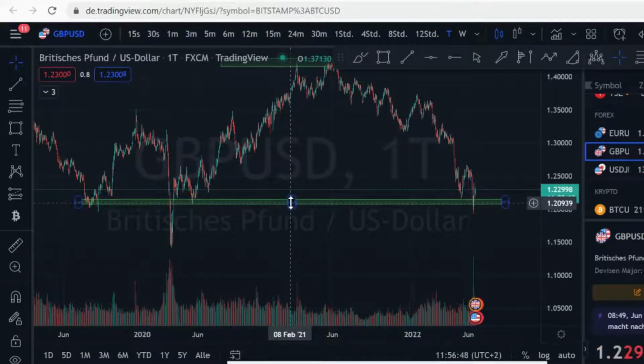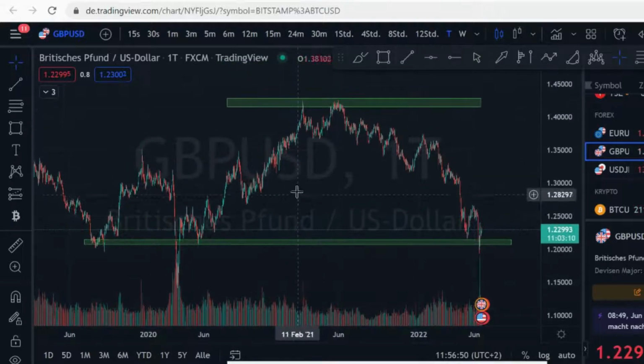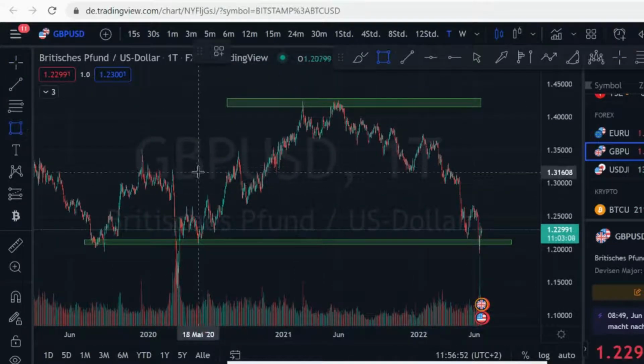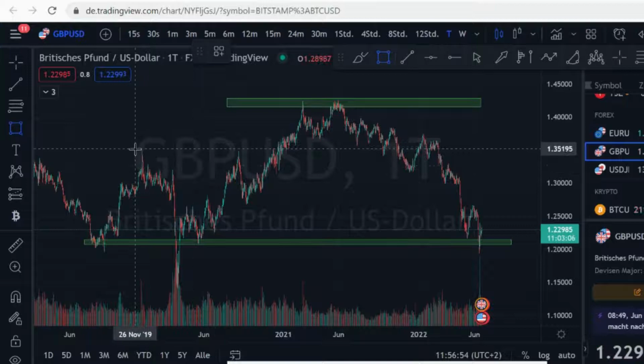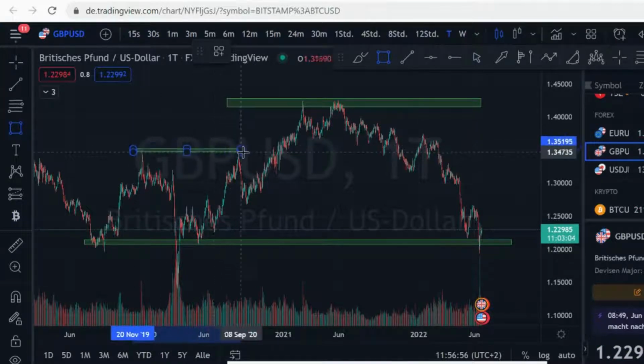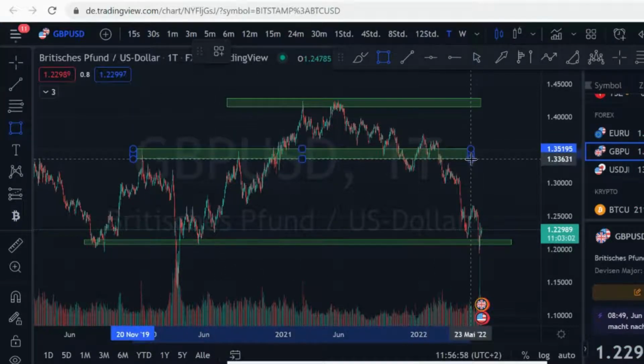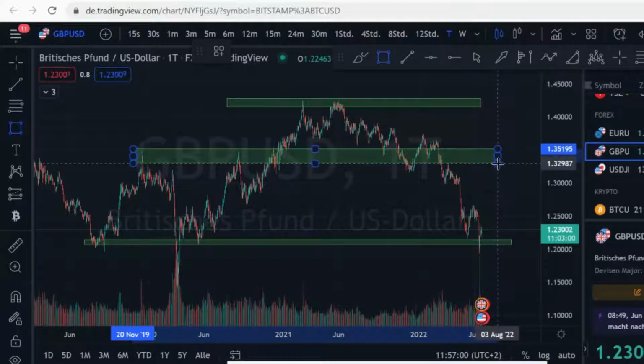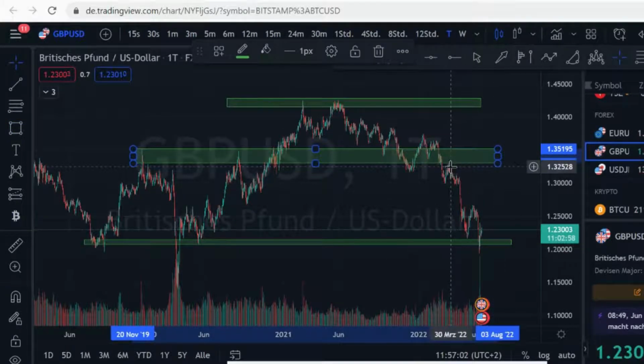The next thing is like this, because 1, 2 significant touches, and I would do it like this to have here also a retest from this box.